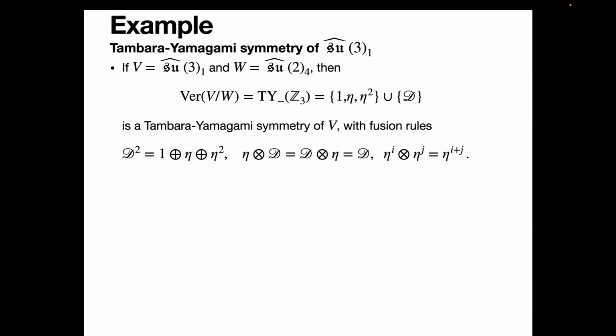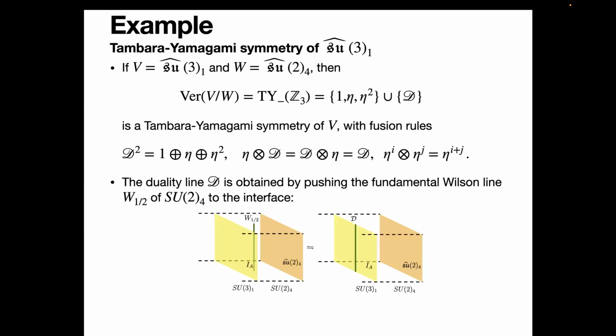Just to ground this in a concrete example. As I said, the easy examples are these embeddings of current algebras. For example, the simplest example of a conformal embedding is SU(2) level 4 into SU(3) level 1. In this situation, you can calculate that you actually get a Tambara-Yamagami Z3 category. And just to give you a flavor of how people can cook up these answers, a very useful tool is to push lines from the bulk on either side onto this wall.